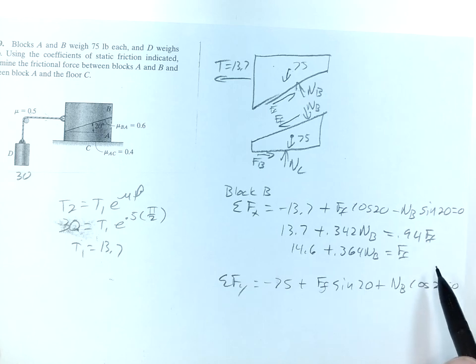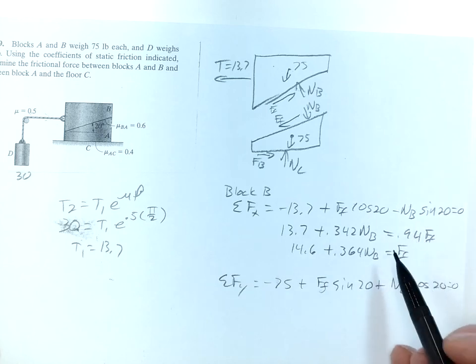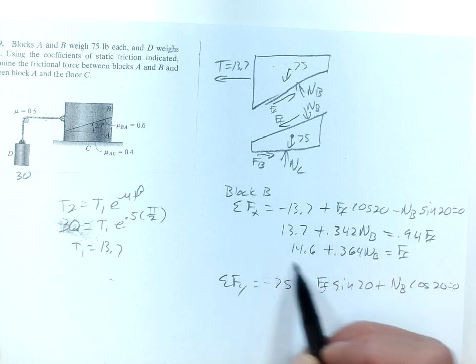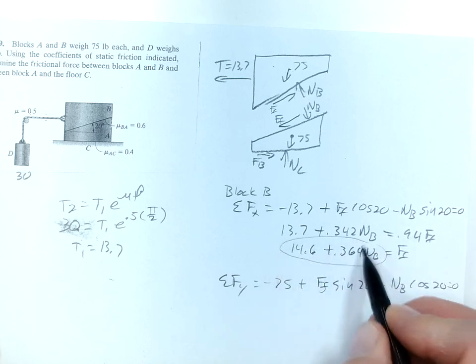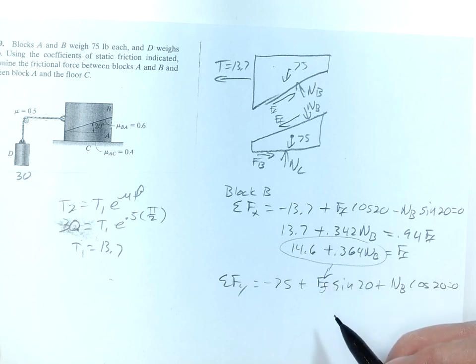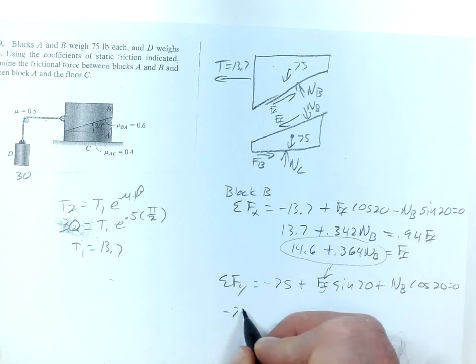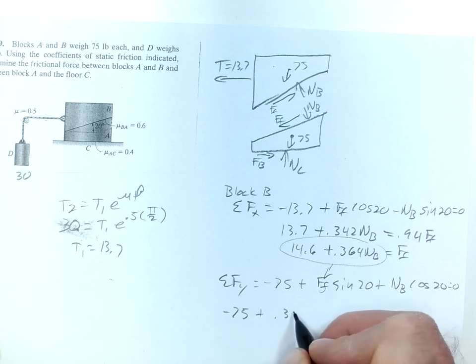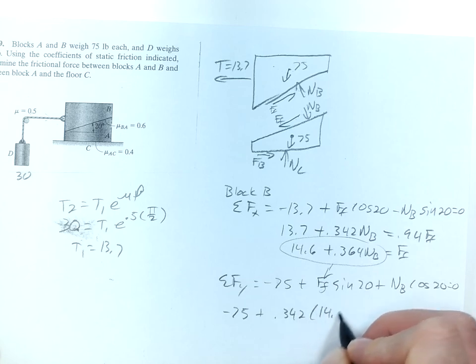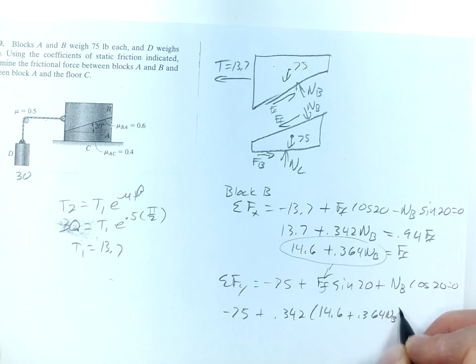And then for force of friction, let's put that whole thing right there. And we get negative 75 plus 0.342 times 14.6 plus 0.364 NB, plus cosine of 20, 0.94 NB equals 0.